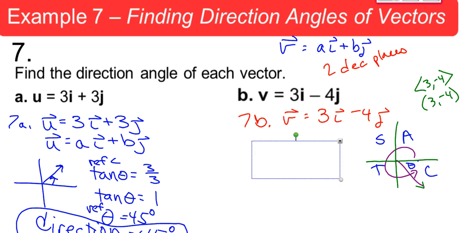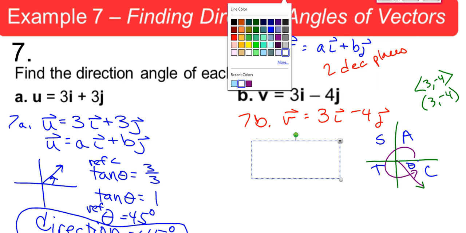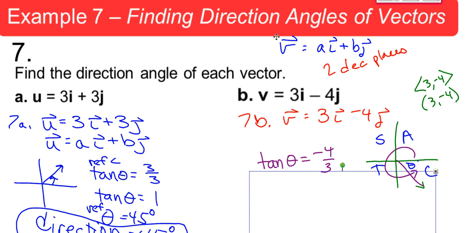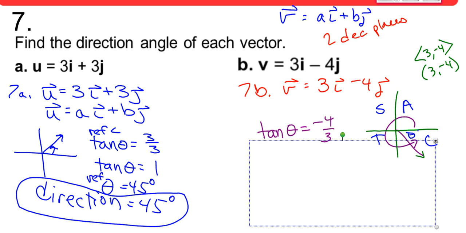And I thought maybe I could, oh, here we go. If I don't touch right where my writing is, then I can't see it. And so I get tangent theta is -4/3. That theta is going to be my reference angle. And so what is that reference angle? 53.13. And I think it gives it to you as -53, right? Because tangent, if it's negative, which it is, is going to give you the fourth quadrant.